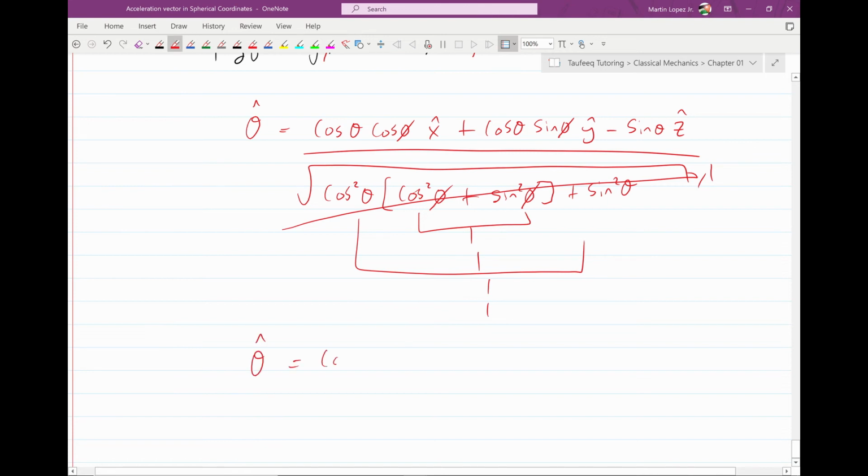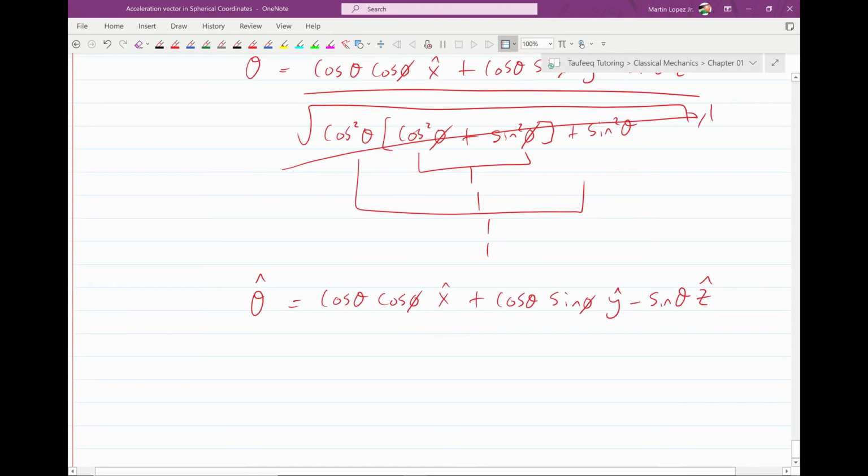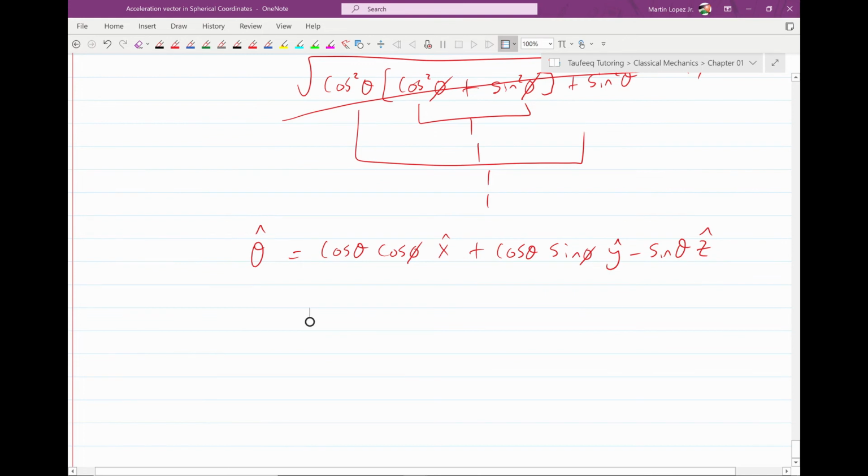And this is equal to theta hat. So theta hat is officially cosine theta cosine phi x hat plus cosine theta sine phi y hat minus sine theta z hat. Now that is all correct, and we are almost done. We got r hat, we got theta hat, and now we just need to get phi hat.